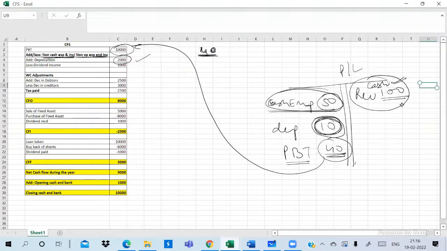I'll say, okay, that 50 rupees of cash became 40 because of this non-cash expense. Depreciation is reducing my profit, but I still have the cash in my pocket. And I want to reach that level of 50 rupees of cash from 40 rupees of profit. So what will I do? I'll take that 40 rupees, add back the non-cash expense of 10, and I'll say, okay, now I have 50 rupees of cash.